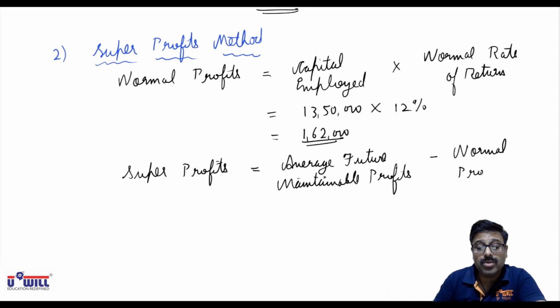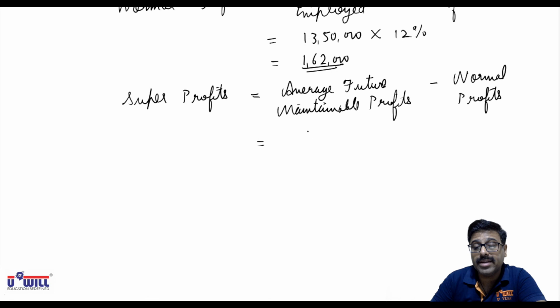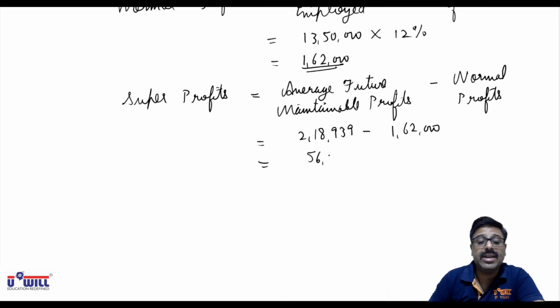That is 218,939 minus 1,62,000, which is equal to 56,939. So 56,939 are the super profits. Now we can just apply the formula and find the value of goodwill.